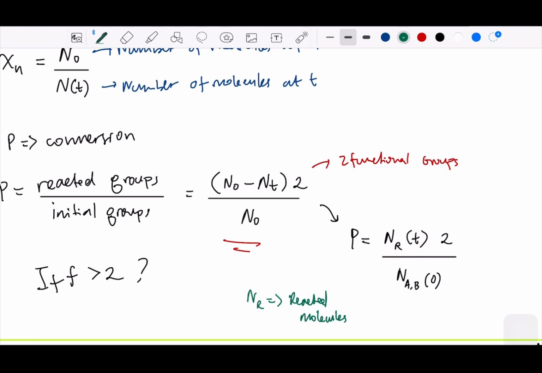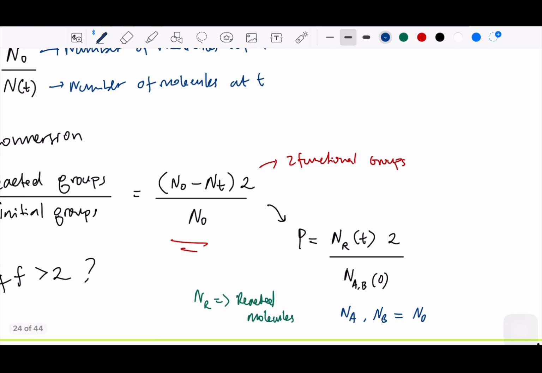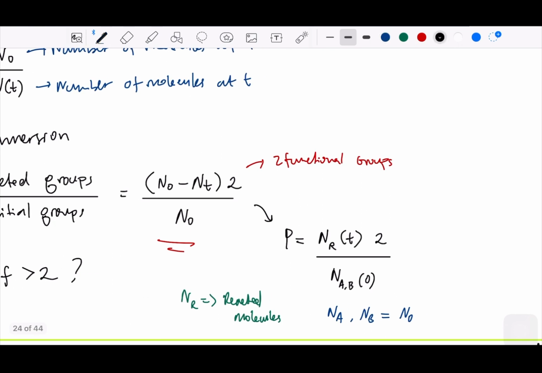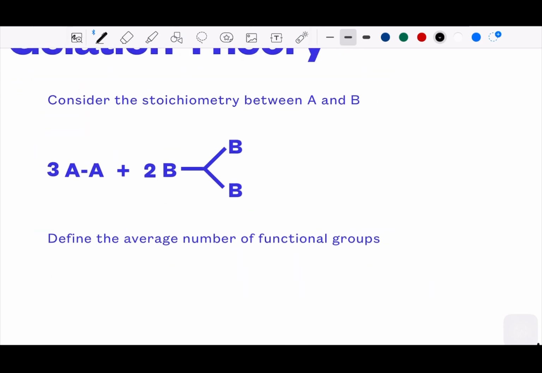Now the problem in the network polymers is that N_AB is not equal to N0, the initial molecules. Here N_A and N_B is the same as the original molecules. Let me write the problem first.